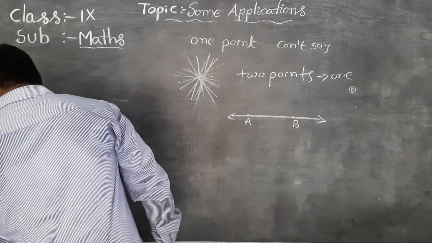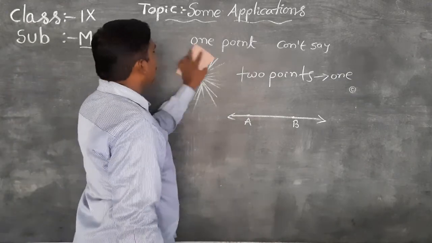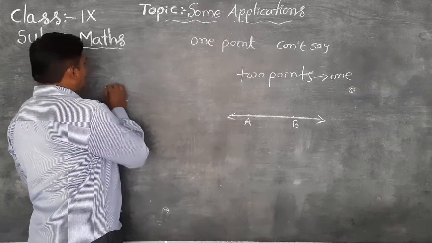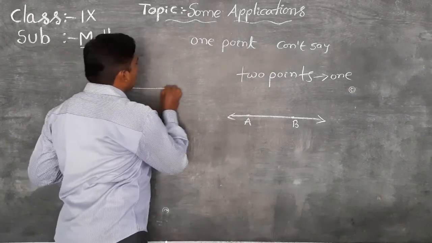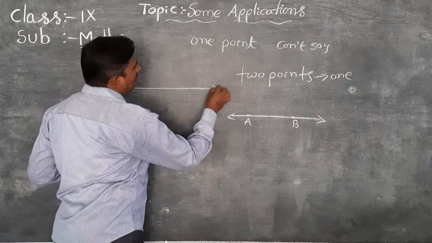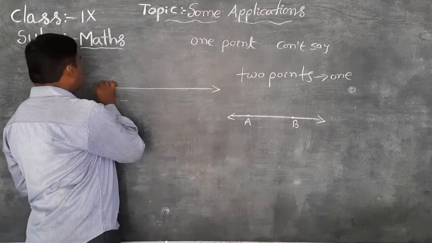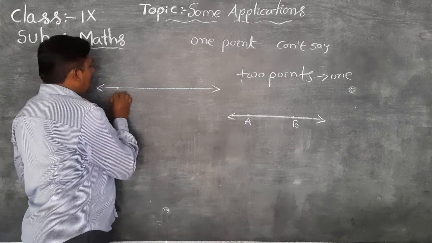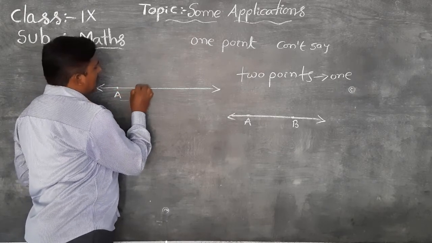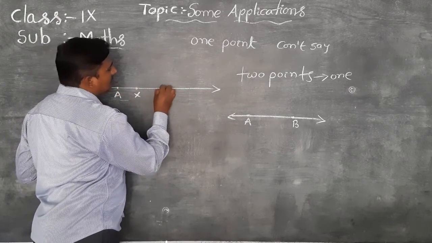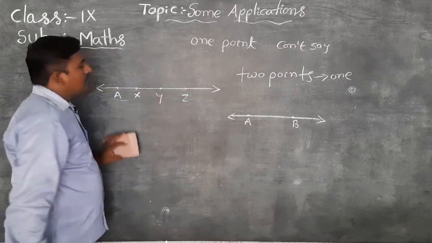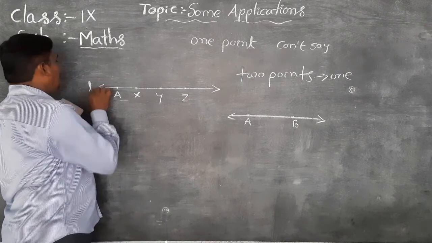And the next, collinear. What does collinear mean? Collinear, non-collinear. For example, this is one line, the L line.